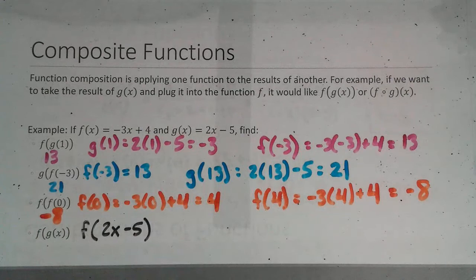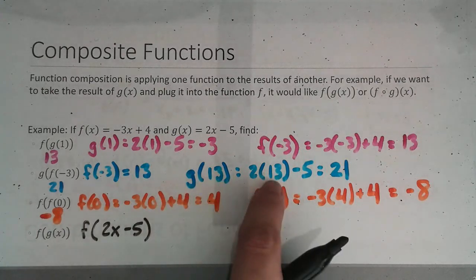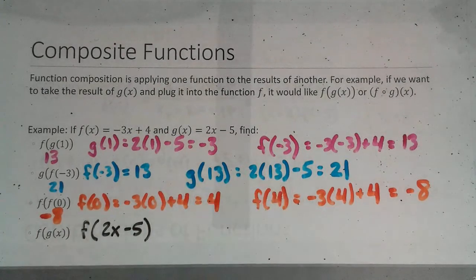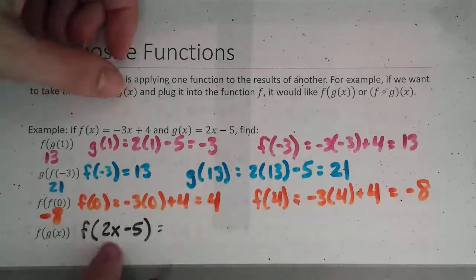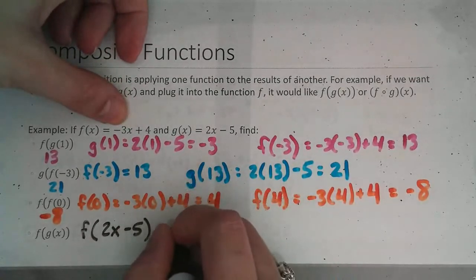But what have I been doing so far? If I wanted to find f of 0, I plugged in 0 in parentheses. If I wanted g of 13, I plugged in 13 into the function g in parentheses. So this time, I'm going to replace the x's in the function f with a 2x minus 5 in parentheses. So wherever I see an x, it's now going to be a 2x minus 5 in parentheses. So I have a negative 3.